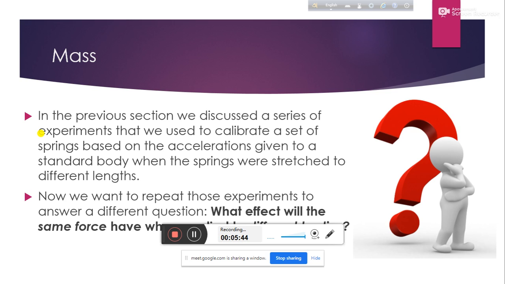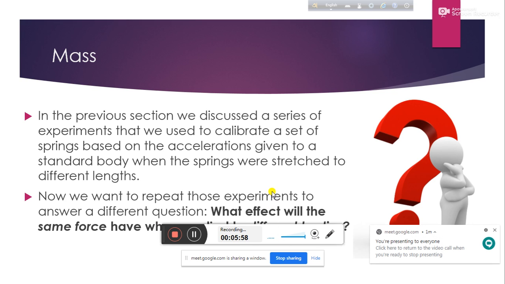Now, this is the time where we can find what is the effect of the same force if the quantity of the object is multiplied. How can we find that out?